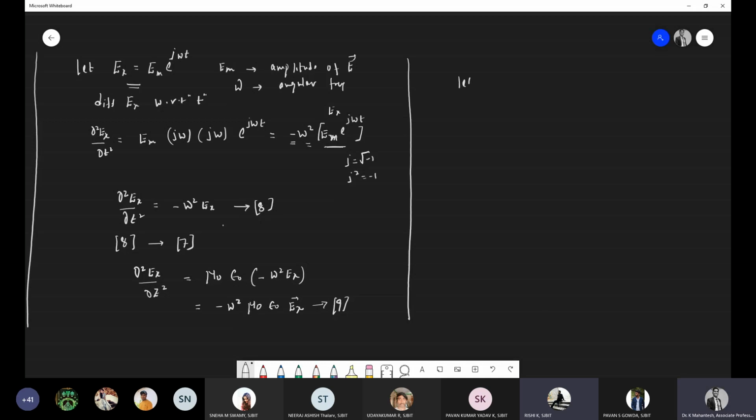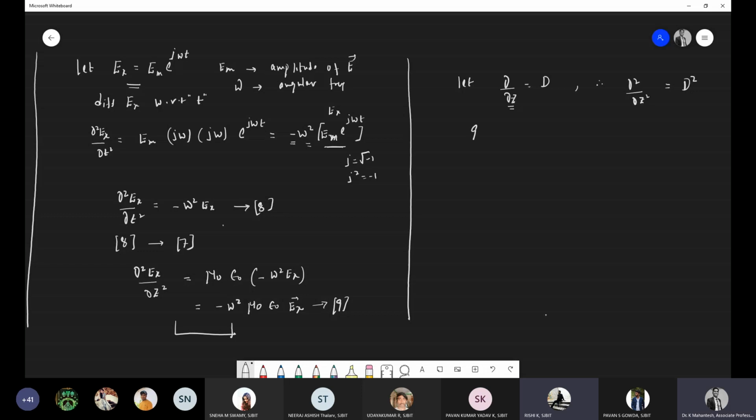So now I just want to represent this ninth equation in terms of some linear equation. So let, in simple terms, dou by dou z equal to D. Let the first order differential with respect to z be represented as D. Therefore, dou square by dou z square can be represented as D square.